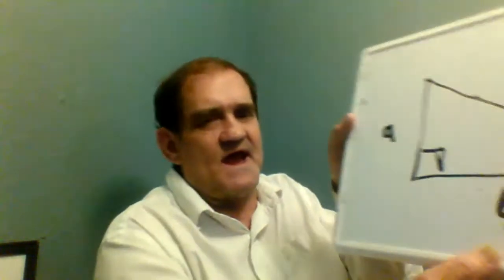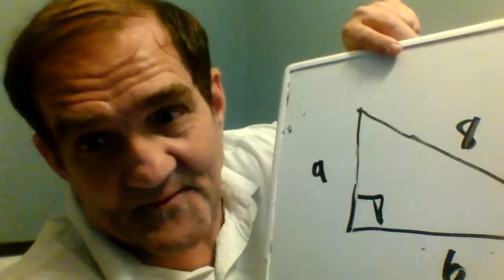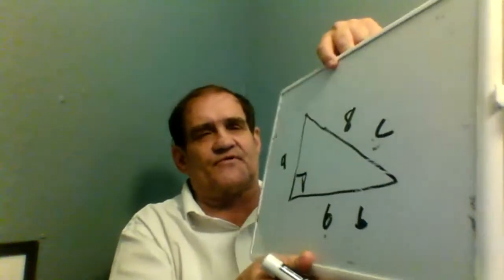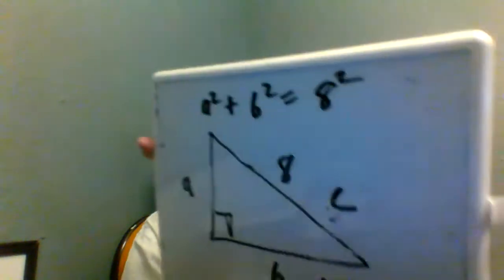So A is unknown, B is already known, and C is known. It's probably going to end up some oddball number, so just go along with it. A is this, B is 6, and C is 8, right? So let's go ahead and say A squared plus B squared, 6 squared, equals 8 squared. That's what we're coming up with, right?